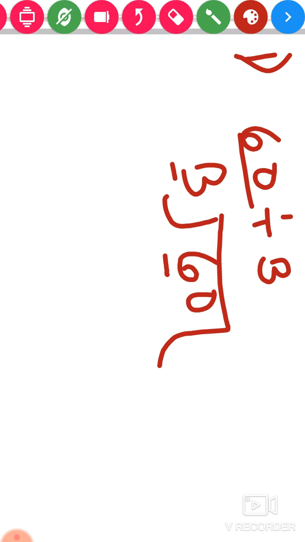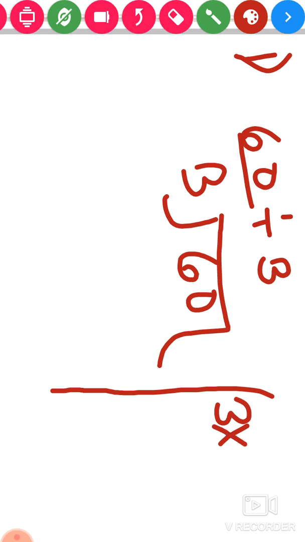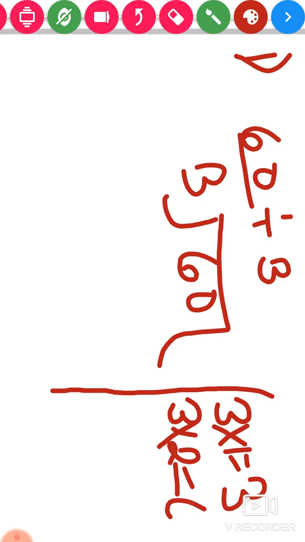Now 6 is greater than 3. Next, we have to check whether we get 6 in 3's table or not. Counting the table: 3 ones are 3, 3 twos are 6.